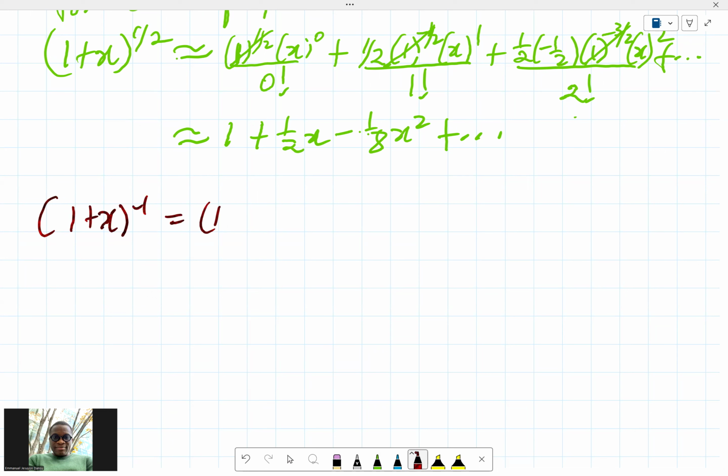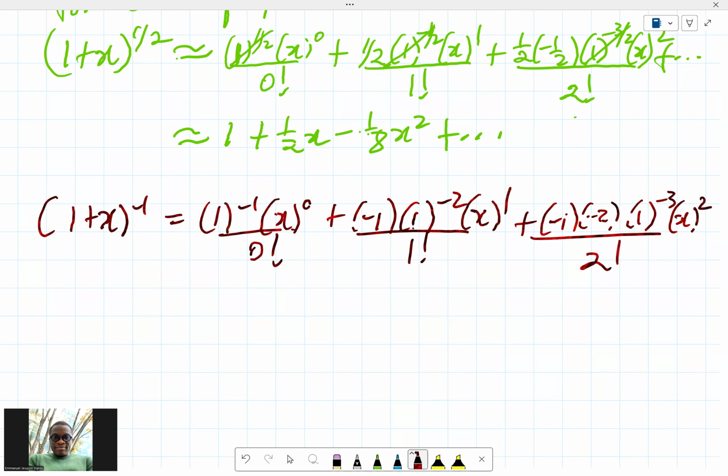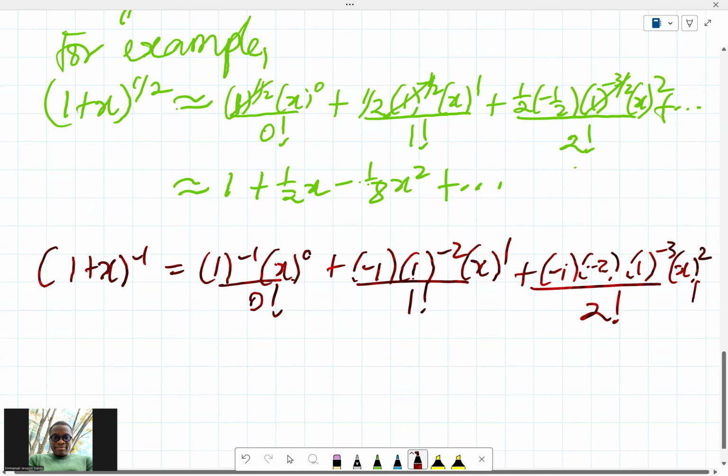So that is 1 raised to minus 1, x raised to 0 over 0 factorial, plus minus 1 into 1 raised to minus 1 minus 1, that's minus 2, x raised to 1 over 1 factorial, plus minus 1 minus 2, then 1 raised to power minus 3, x raised to power 2, all over 2 factorial. Again, you don't want to forget that this continues on indefinitely.